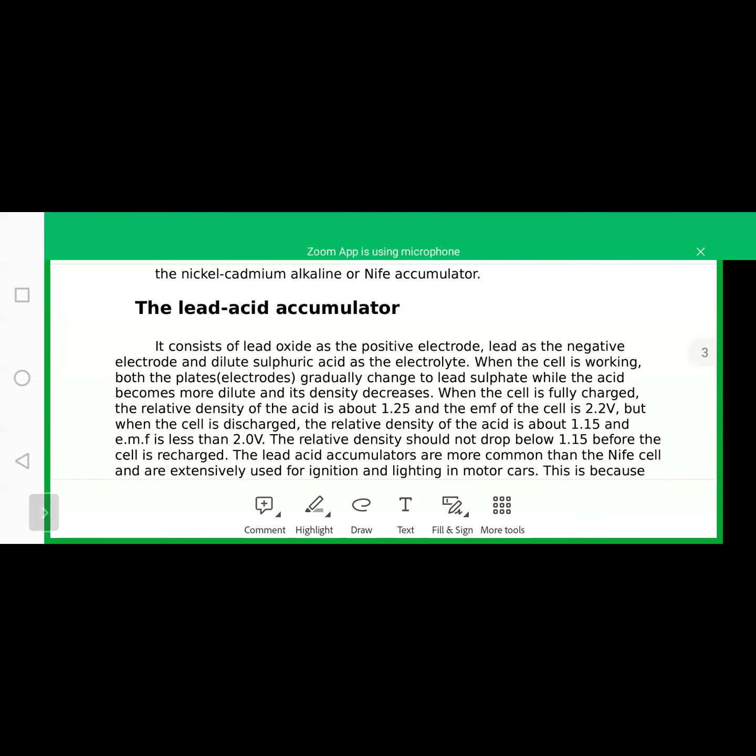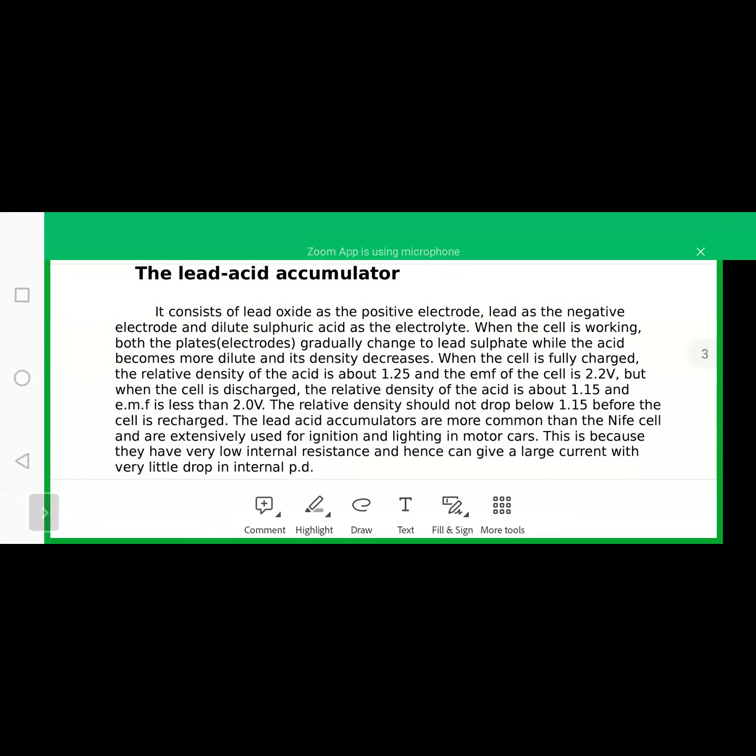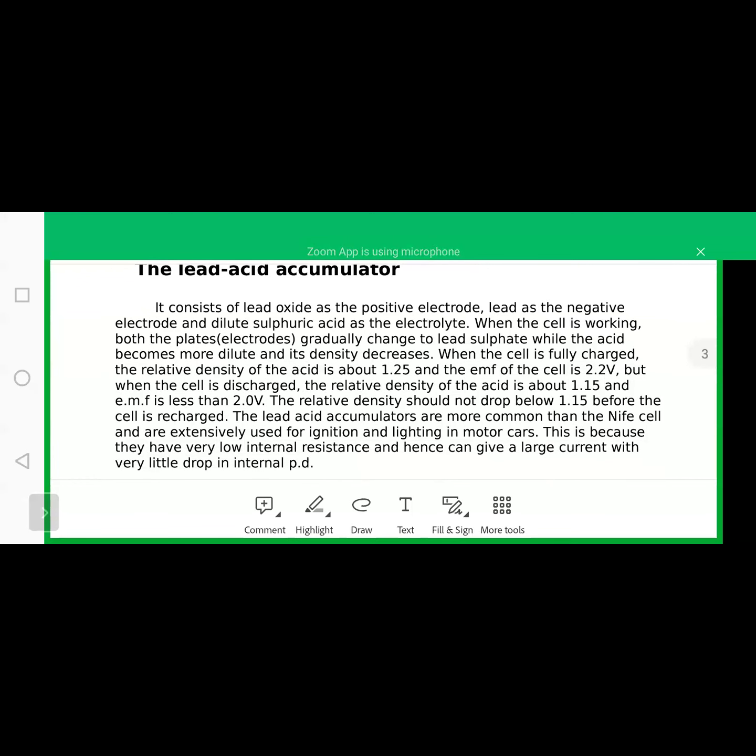Yes. Okay, teacher, what I have is not so much different from hers. A lead acid storage battery consists of cells connected in series. Each cell consists of a lead plate, which is the negative electrode, lead dioxide, which is the positive electrode, and dilute sulfuric acid as the electrolyte.